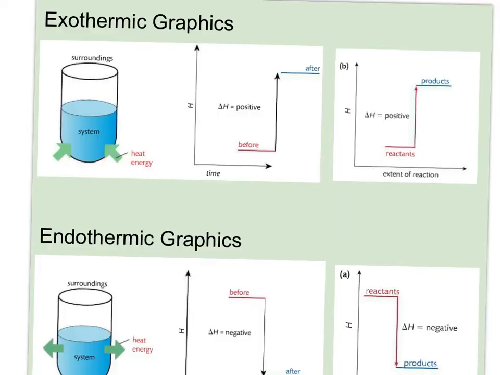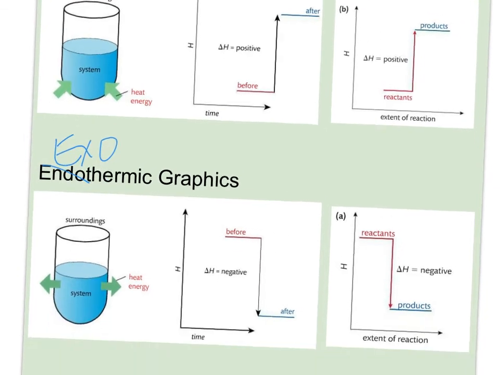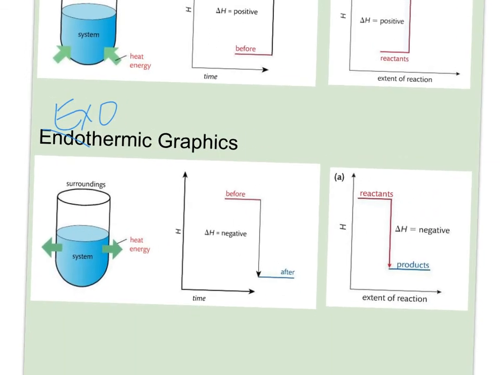So here's how your book represents it. They show you the graphic, though I've got these just reversed. This is my endothermic up here, and this is my exothermic down here. So let me just pull this up and let's look at the exothermic. In an exothermic reaction, heat from the system is moving out into the surroundings.